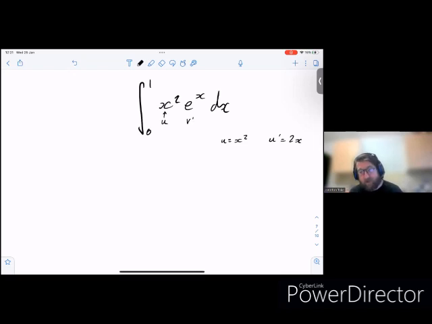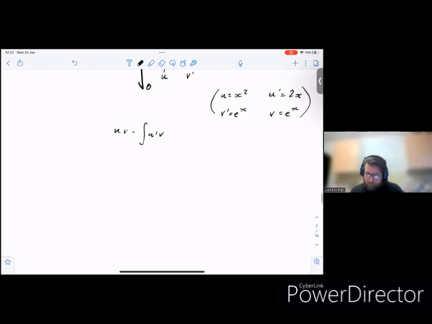So the x hasn't vanished, so we're going to have another product in the integral. So we'll have to do integration by parts again. So v dash is e to the x. Fortunately, v then is just e to the x. Relatively straightforward example. And we are going to do uv minus the integral of u dash v. And that will be uv is x squared e to the x.